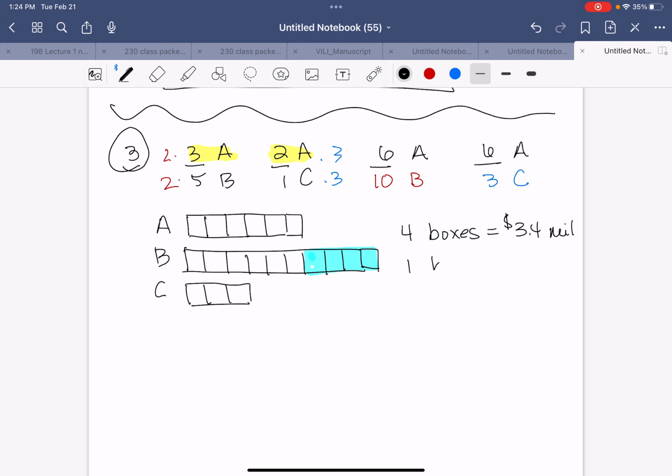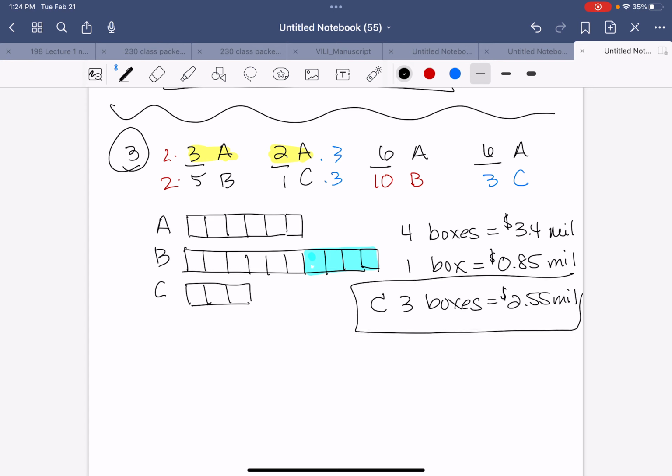Divide both sides by 4. And that gives you 0.85 million. And then it asks for what were Company C's revenue. So C is 3 boxes, which is the $2.55 million. And that's going to be your answer.